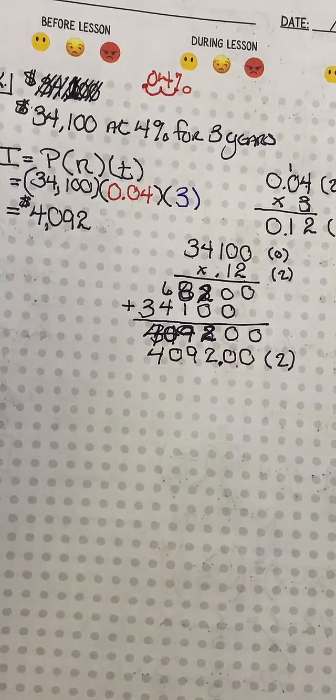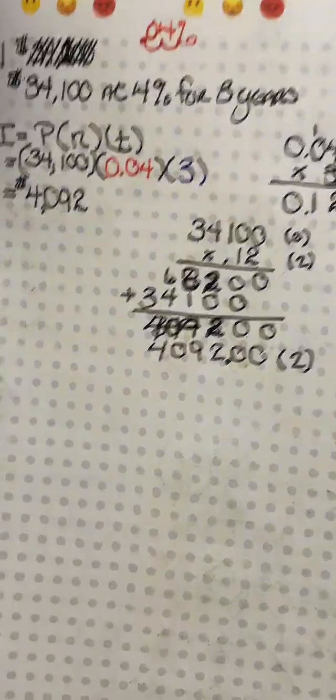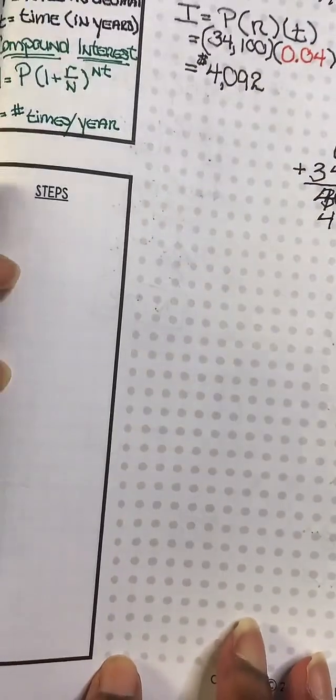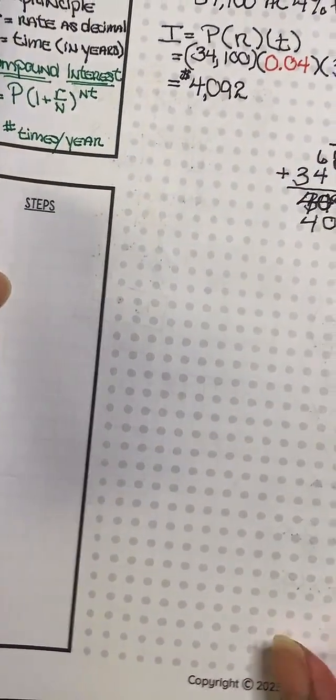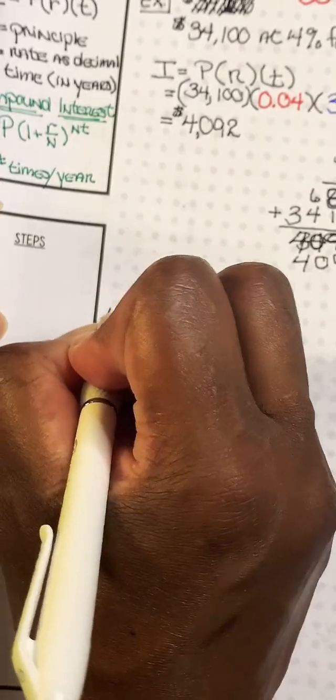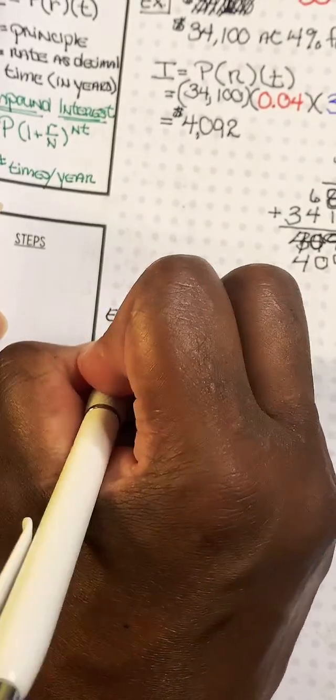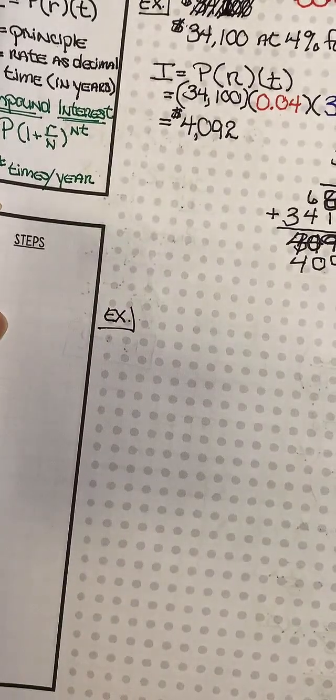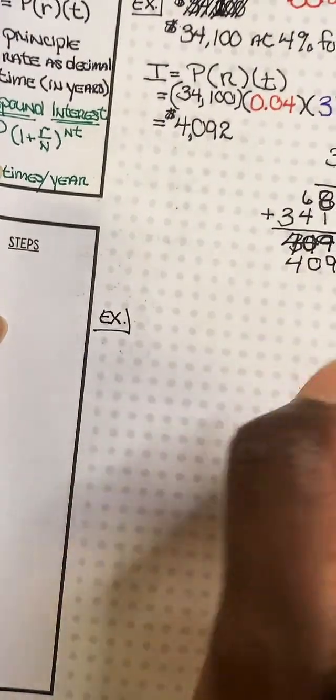Okay. Let's try another one. So that's what happened to the decimal. If you want to put 0.00, you can. Let me switch colors so we can tell the difference of the two.